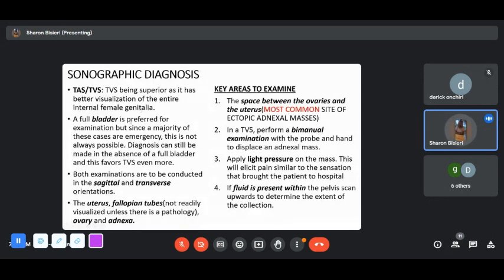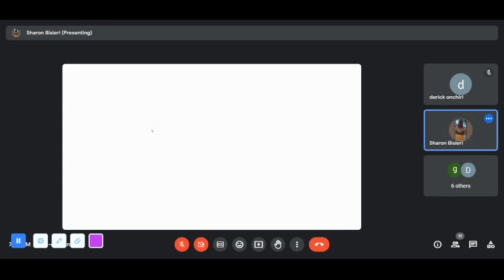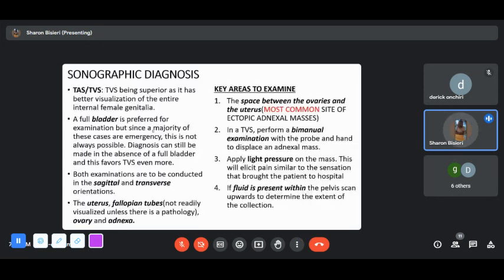Also, you'd prefer a full bladder when you're doing this examination, but this is not always the case because here we are dealing with an emergency and your patient will most often come to you without a full bladder. So in this case, we still remember that the TVS is the one that's preferable. And you know that when you're doing a TVS, you don't require a full bladder to perform your examination.